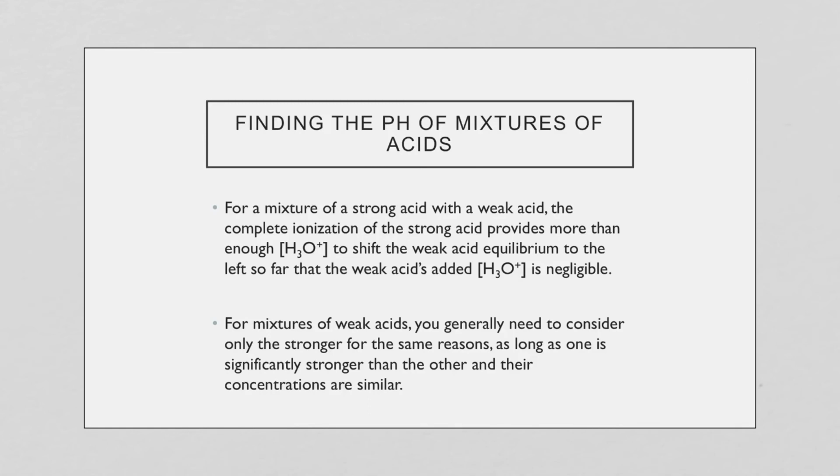If we have a strong acid mixed with a weak acid, then we essentially ignore the weak acid, calculate it as a strong acid, and determine the concentration of hydronium and the pH based on the strong acid concentration, because that complete ionization of the strong acid provides a lot of hydronium.